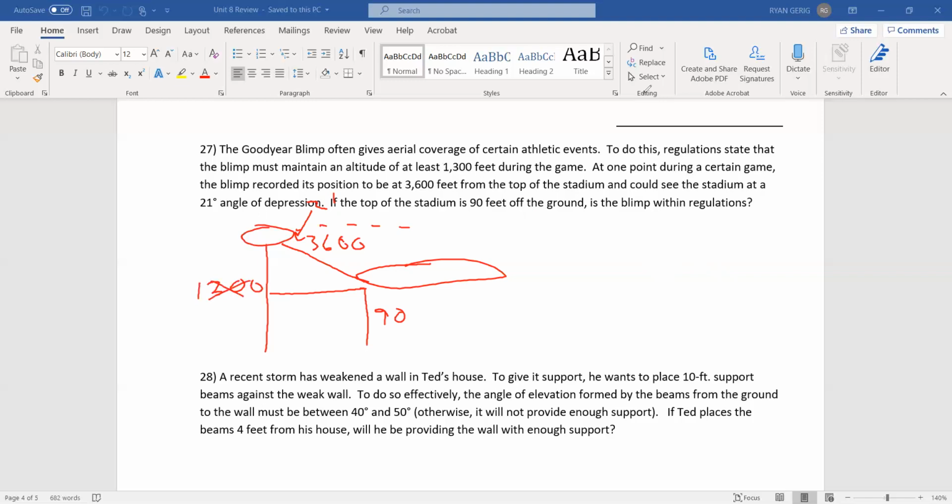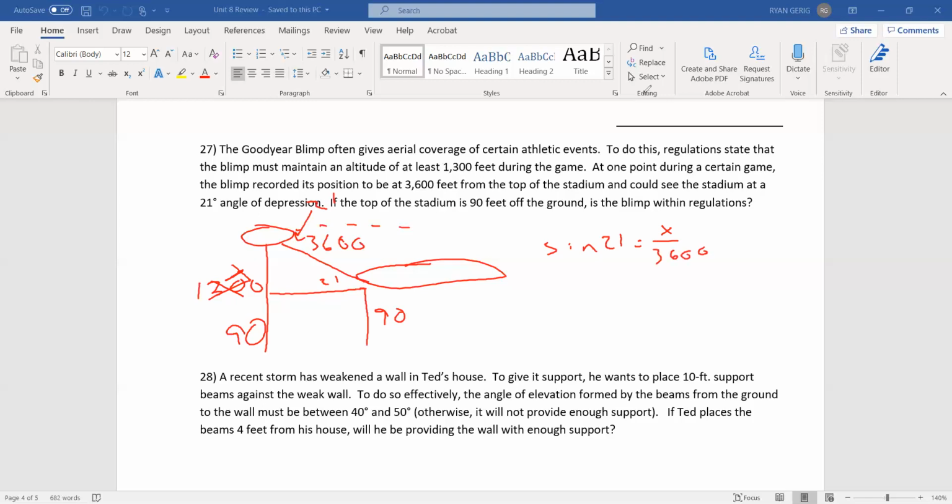Okay. What we can find, though, is how high the blimp is by adding 90 feet to x. So it's asking, is the blimp within regulations? Basically, is it 1,300 feet in the air or more? So this is 21. We use sine of 21 equals x over 3,600.